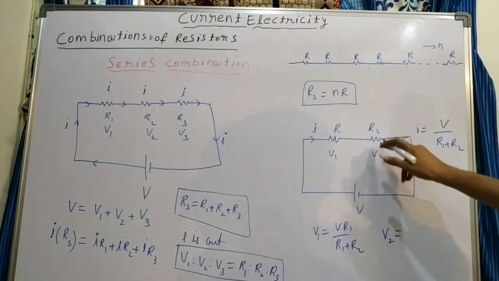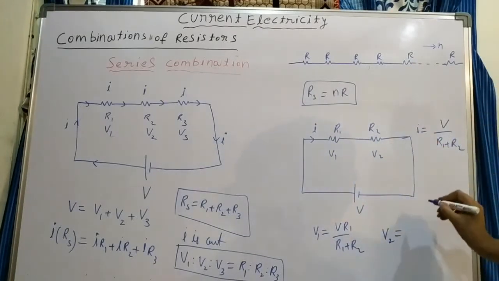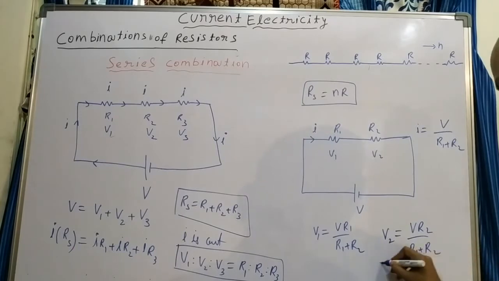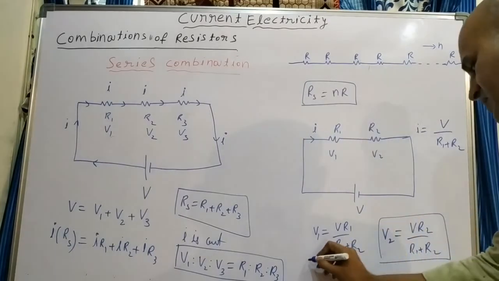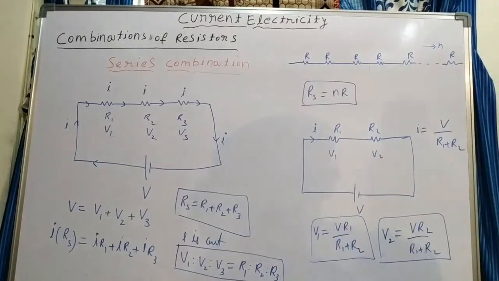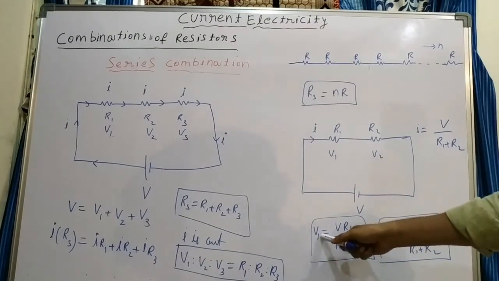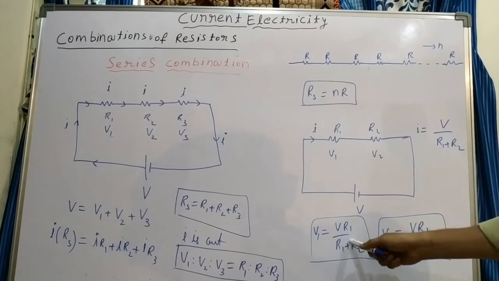V2 is equal to IR2, that is V R2 by R1 plus R2. So how potential is divided in series combination: total potential into the resistance across which we are calculating, by the total resistance.